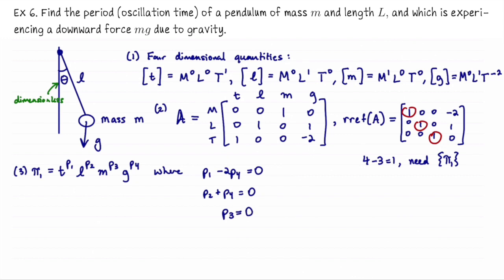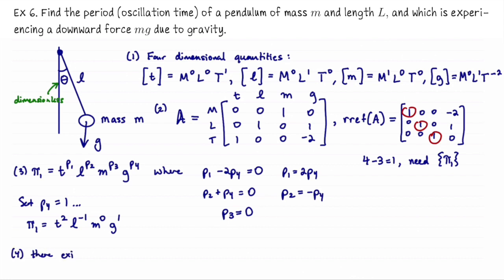It turns out there's not going to be any dependence on mass in this problem. So for the variables that we have left, p1 is 2p4 and p2 is negative p4. So if I set p4 equal to 1, we get that pi 1 is going to be t to the 2 times 1, l to the negative 1, m to the 0, p3 was 0, and then g to the 1.